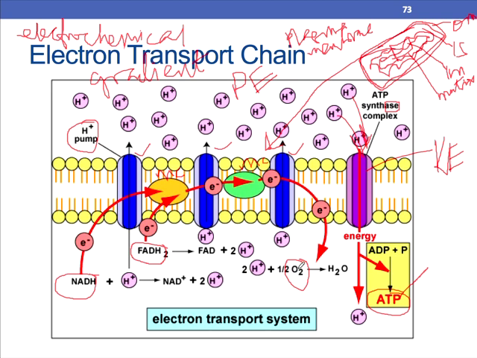It splits up into two atoms of oxygen, and one of them would then bind with the hydrogen that is present in the matrix, to form water, which is one of the end products of respiration. Now, for anaerobic organisms, these electrons are accepted by other molecules other than oxygen, like sulfur, carbon dioxide, methane, and so on and so forth.